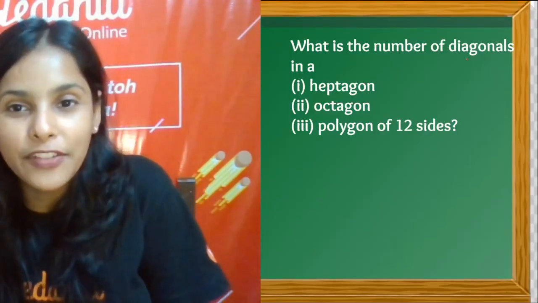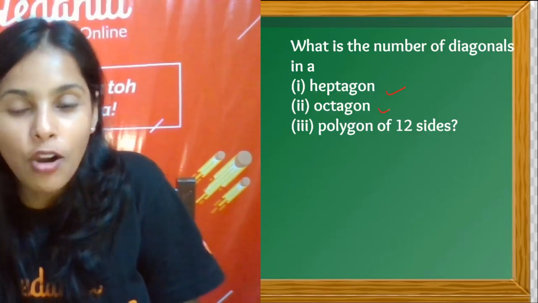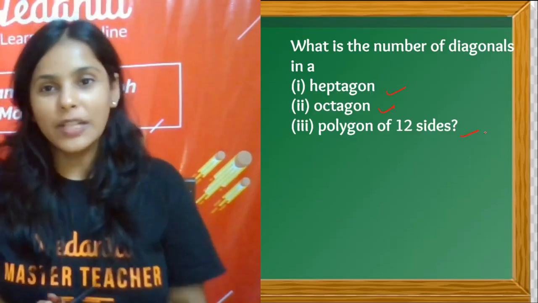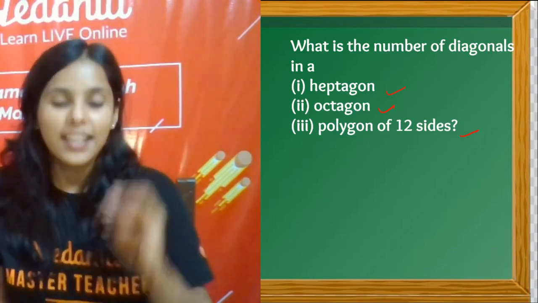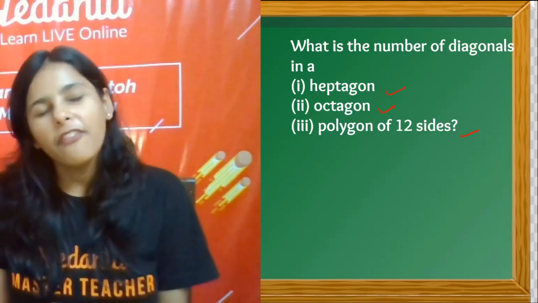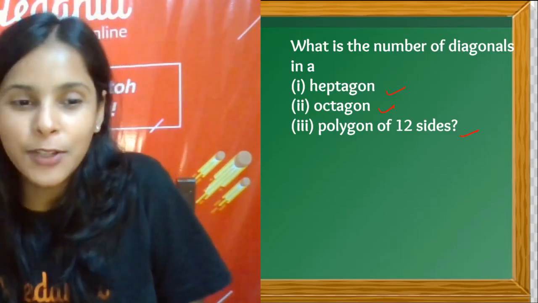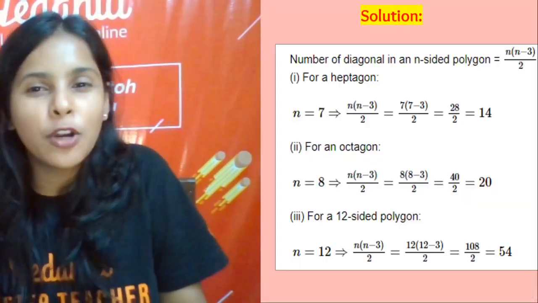What is the number of diagonals in a heptagon, an octagon, and a polygon of 12 sides? For this I have a very simple formula. I know you must be aware of it.